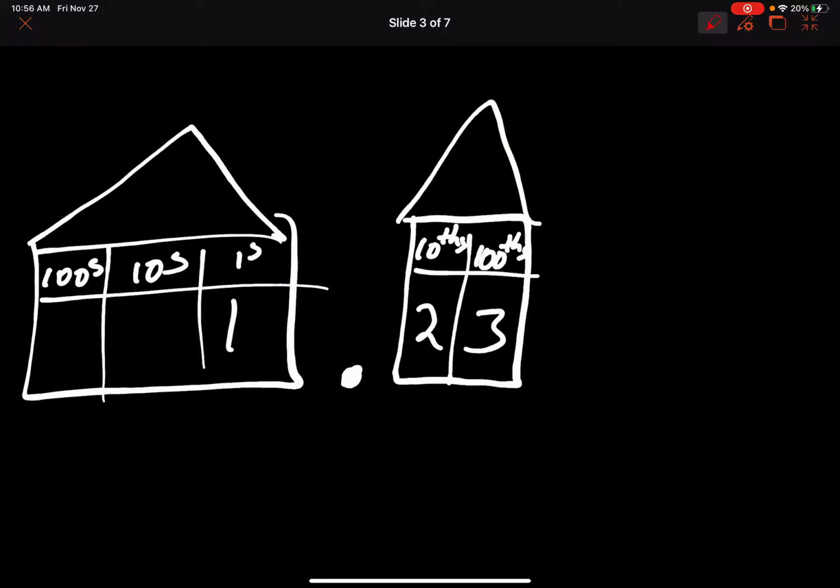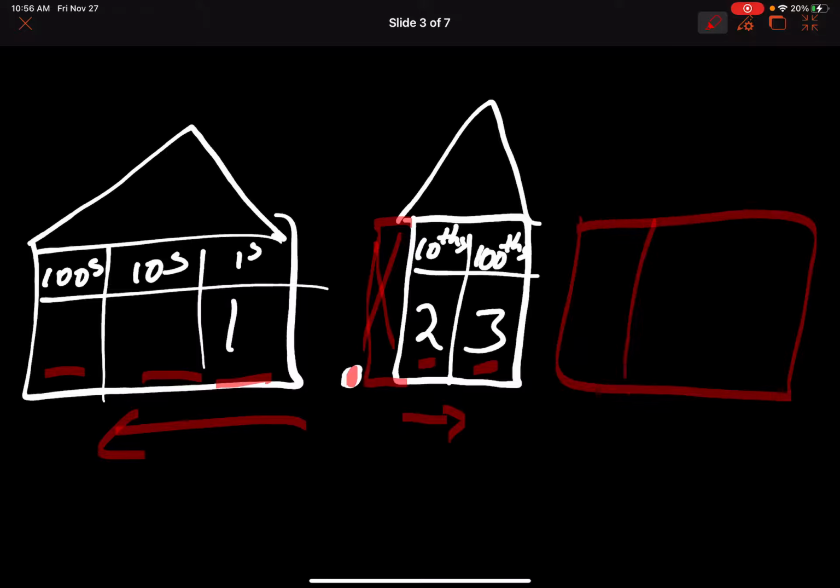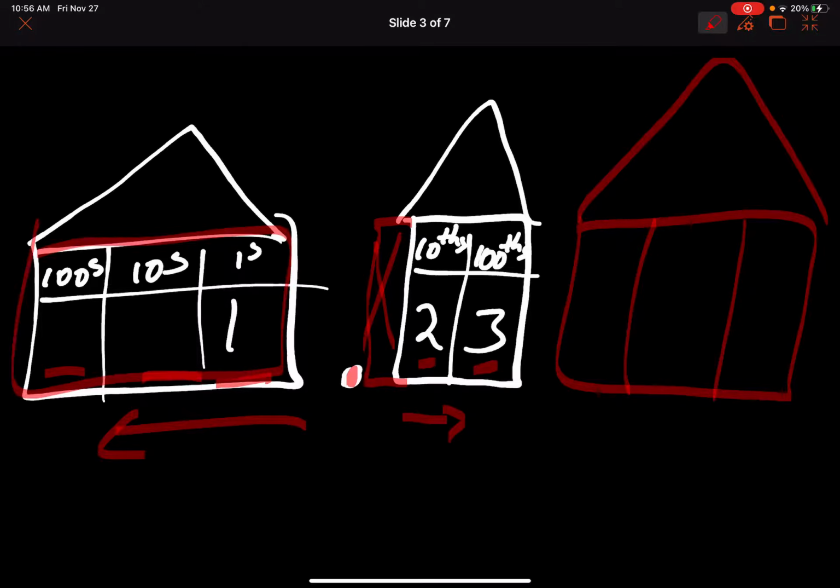So just reminding ourselves, there's the decimal. When we move this way, I have the ones, tens, hundreds, and I could keep going: thousands, 10,000s, 100,000s, right? To the right of the decimal, I do not have a ones place. That does not exist. We have the tenths place, and we have the hundredths place. If I was going to continue, you'll notice the trend of having these 3 there.